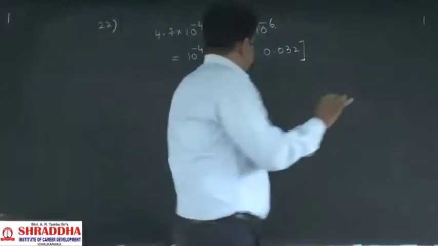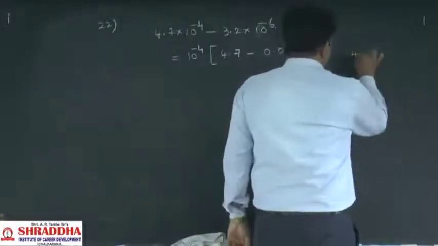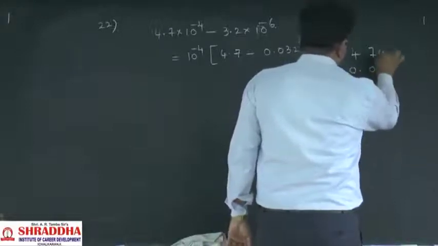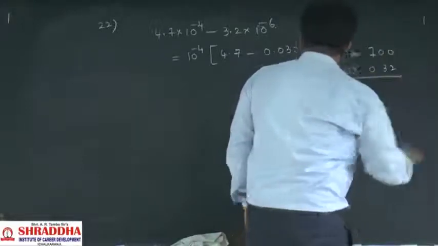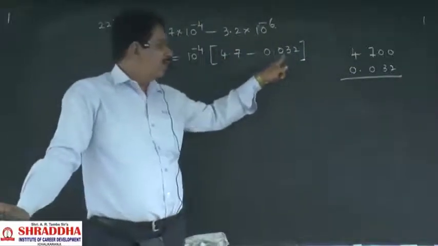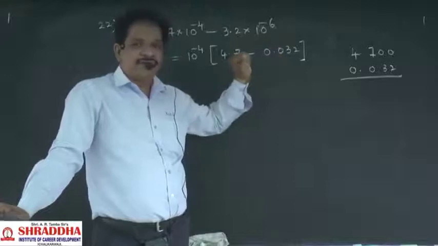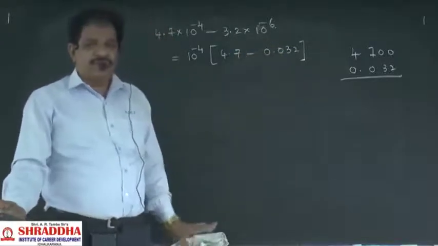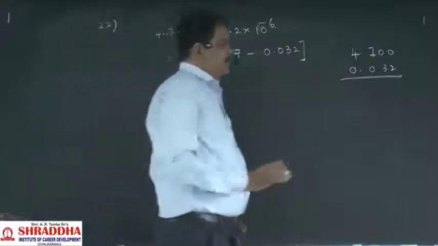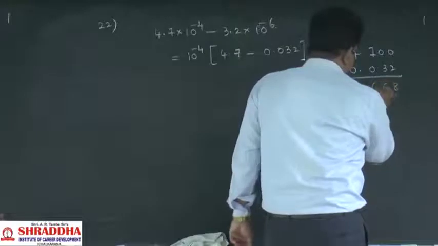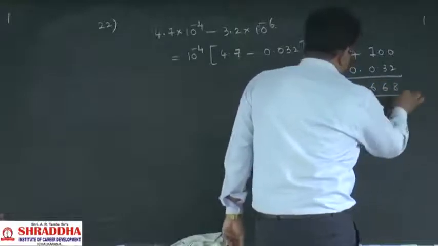Just directly do the subtraction. 4.7, 0.032. If it has three significant figures, you have to round it to two significant figures. But it has only two significant figures, no need to change.